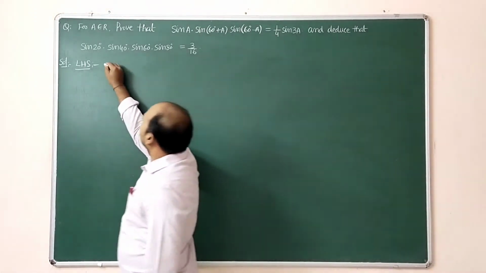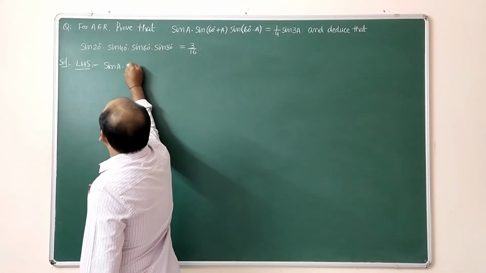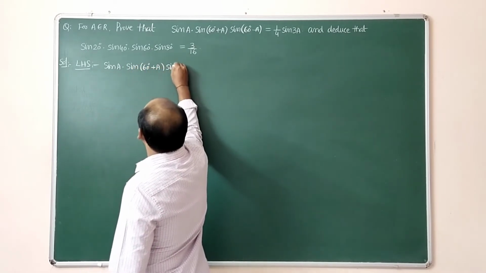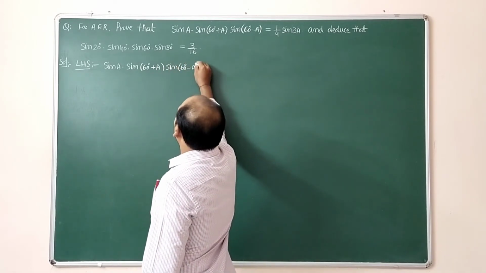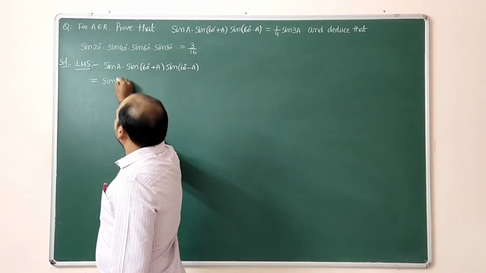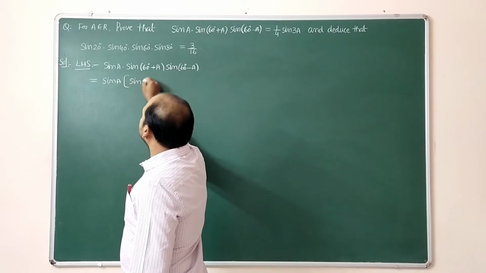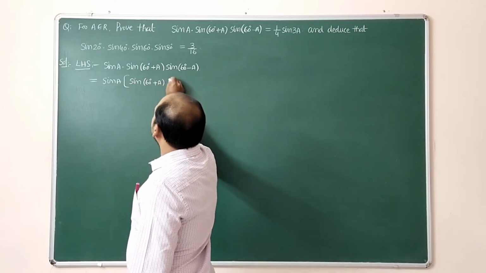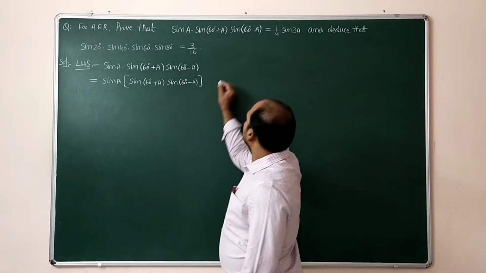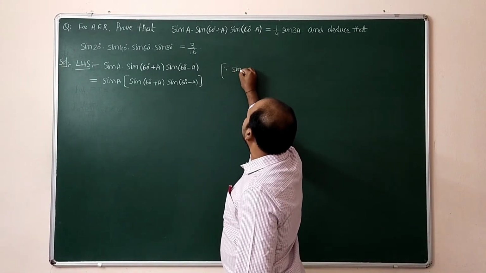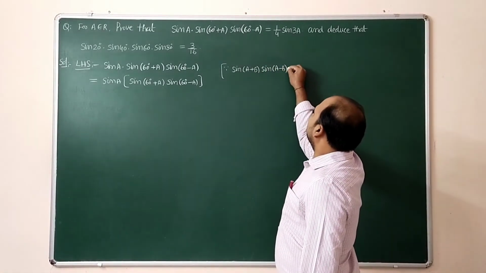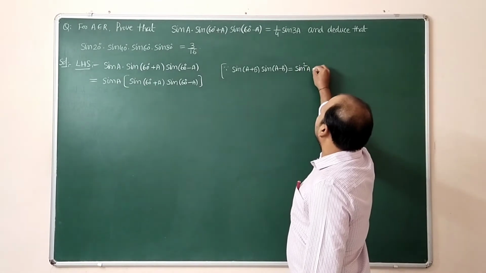Sin A into sin of (60 plus A) into sin of (60 minus A), which is equal to sin A, and keep a bracket for these two: sin 60 plus A into sin 60 minus A. So we know the formula: sin of (A plus B) into sin of (A minus B) is sin square A minus sin square B. We have the formula.